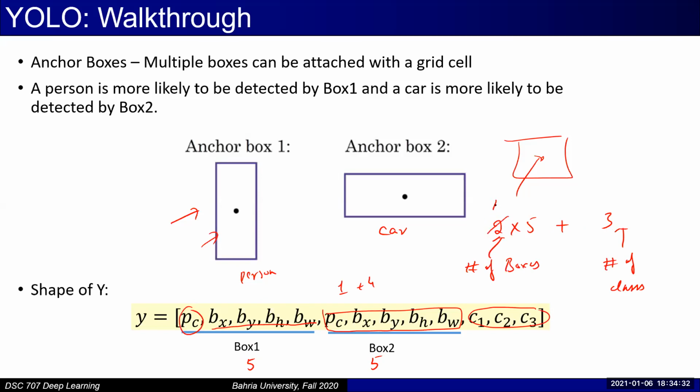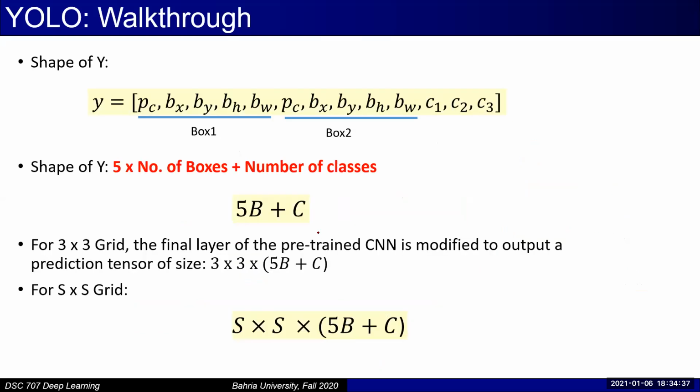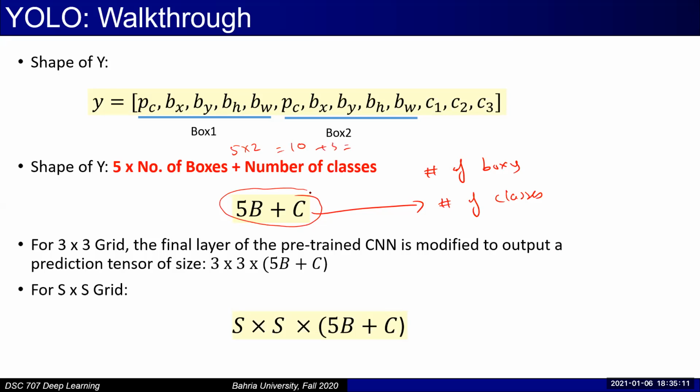So instead of 2 or 3 I can have any number, and I end up with a nice expression, 5B plus C. It tells you that B is the number of boxes and C is the number of classes. So for each grid cell you will be predicting 5B plus C numbers. We did this example for 2 boxes, so it would be 5 cross 2, which is 10, plus 3, which is 13.